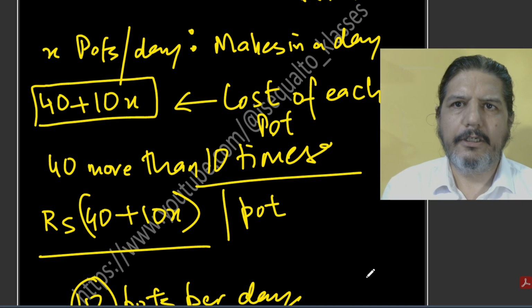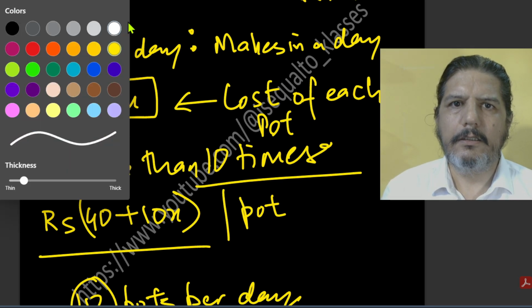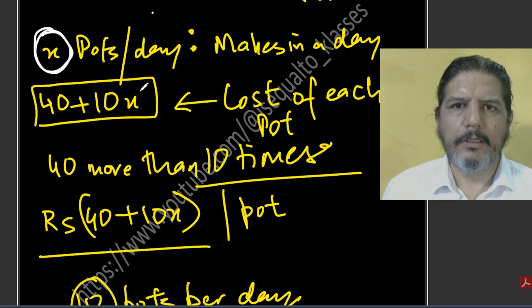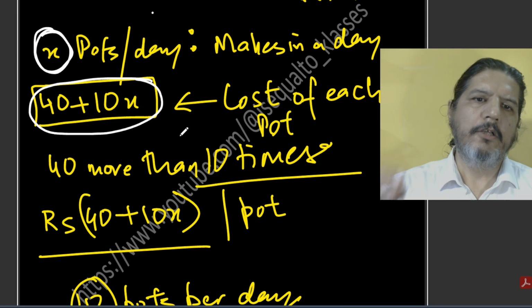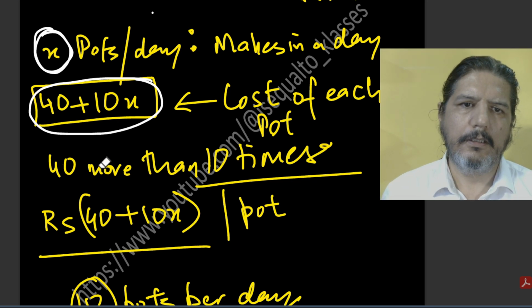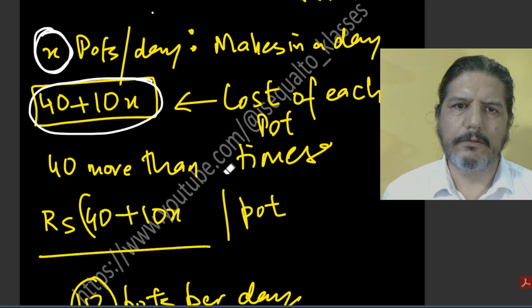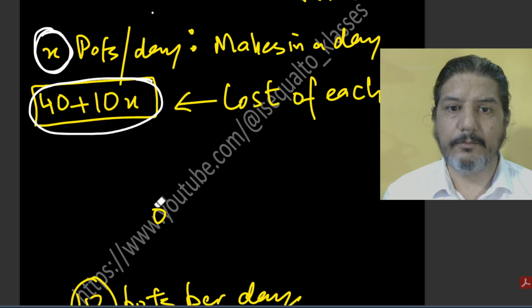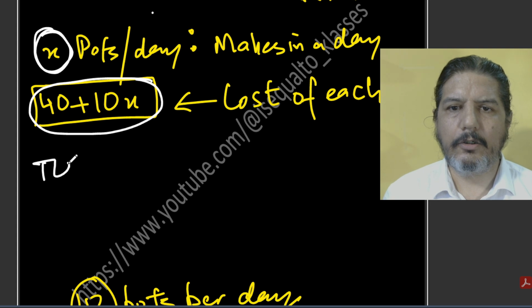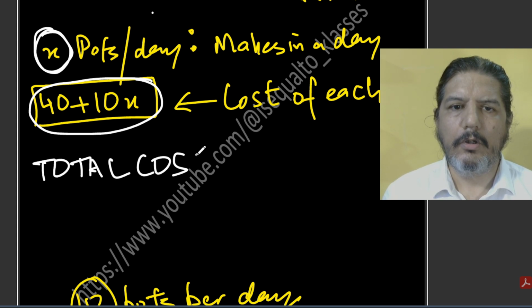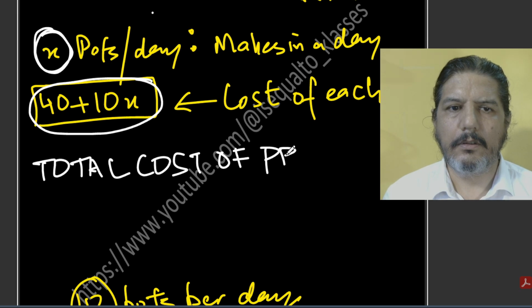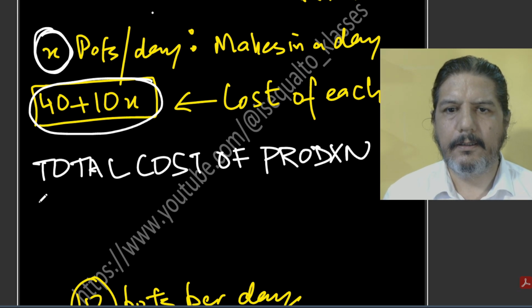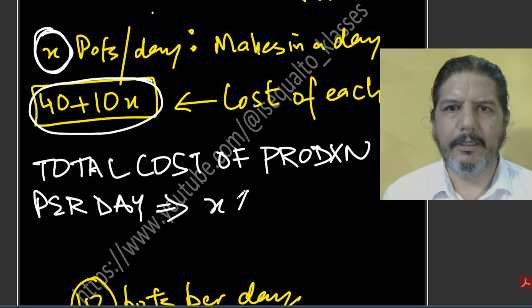So in terms of algebra, what we need to understand is that he makes x pots per day. Cost of production is 40 plus 10x. So his total cost of production per day would be equal to x multiplied by 40 plus 10x.